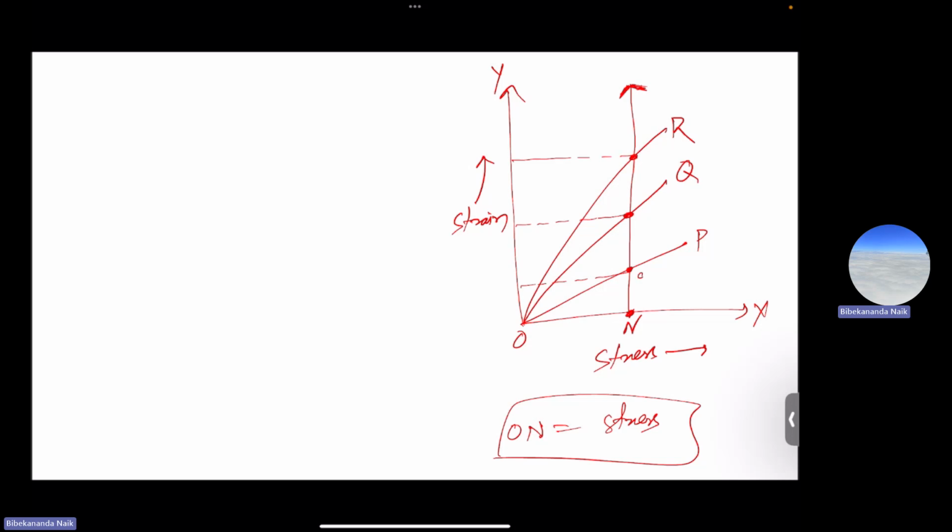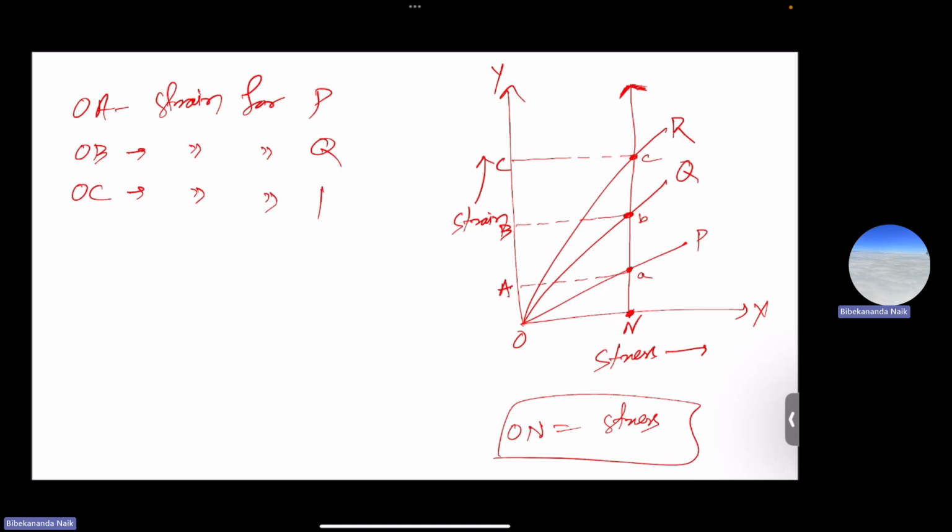Suppose these points are A, B and C. So OA is the value of strain for P, OB is the value of strain for Q, and OC is the value of strain for R. Now since stress is constant, E is inversely proportional to strain.